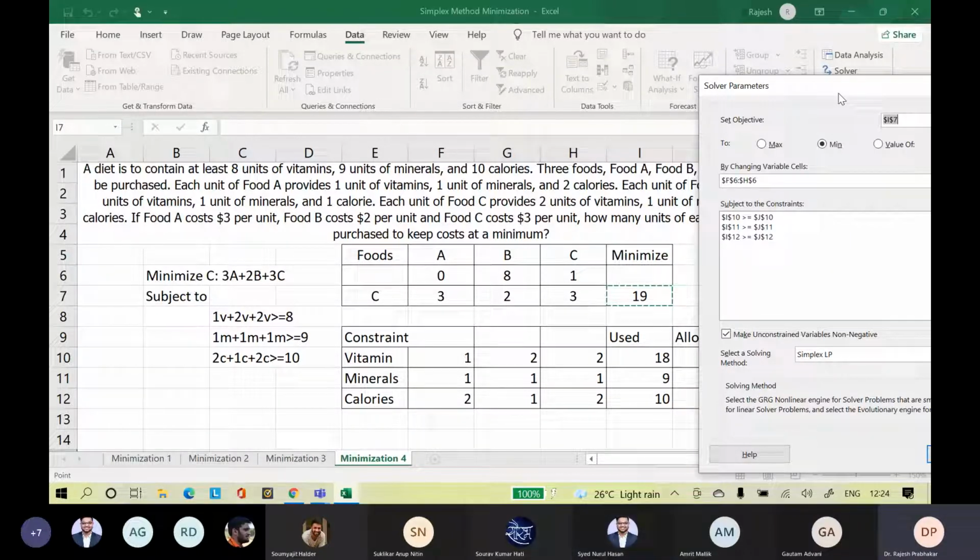Check your solver observation in the number. That is the mistake you will do. Okay, sir, I'll be checking again.